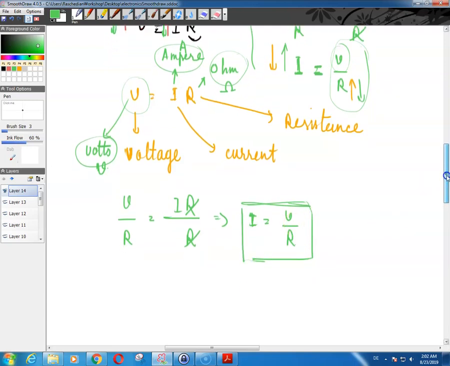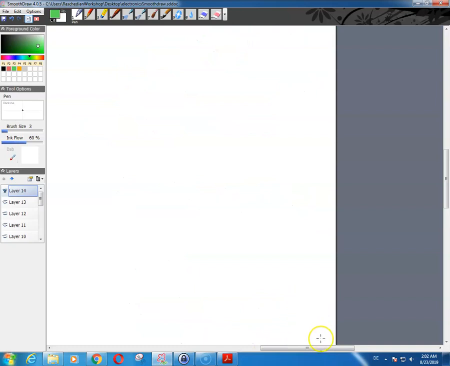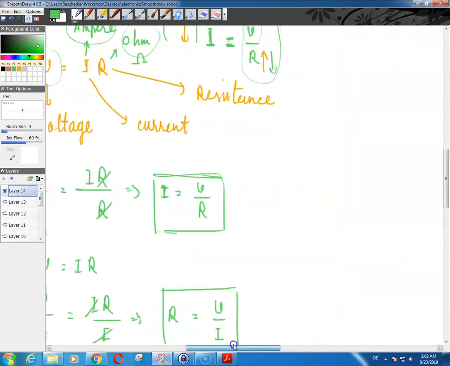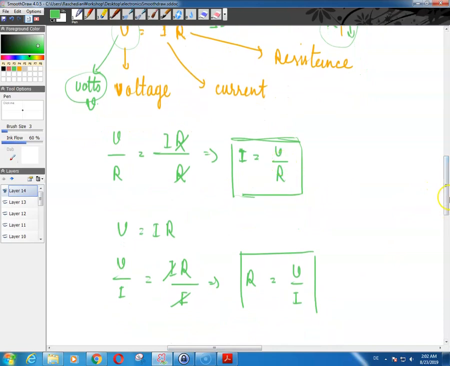Now with the same equation, V is equal to IR, if you divide both sides by I, you will get V divided by I is equal to IR divided by I. I and I will cancel out. That means that R is equal to V divided by I. That is another form of this formula that you can use.